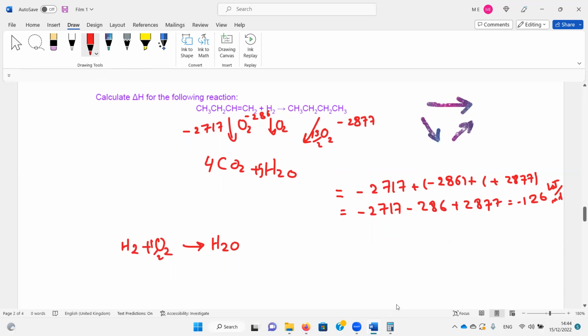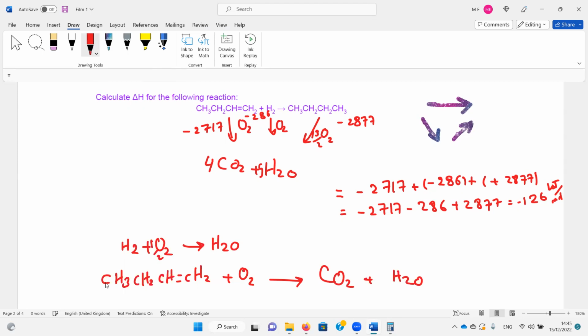And then we have the other equation, that is the alkene. So that is CH3, CH2, CH, CH2, and O2. That will give us CO2 and water.